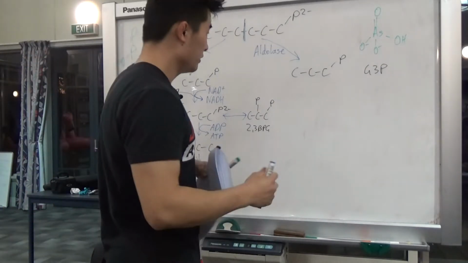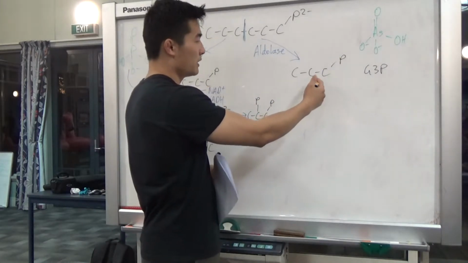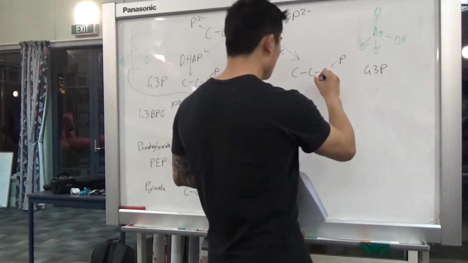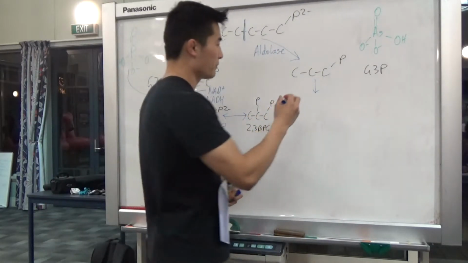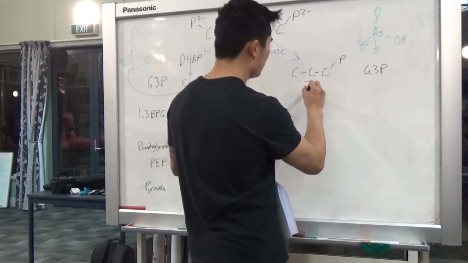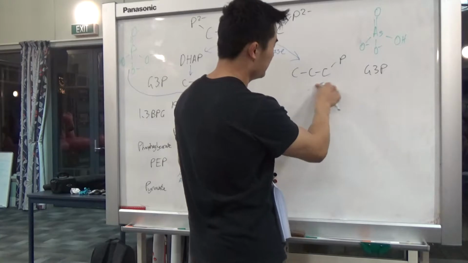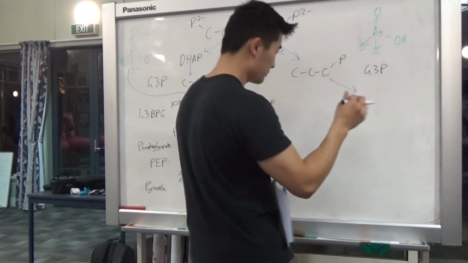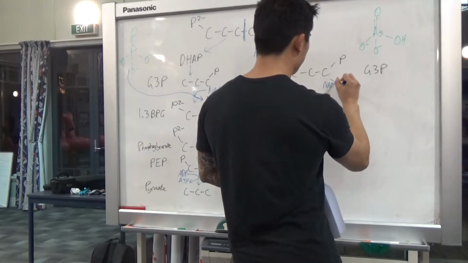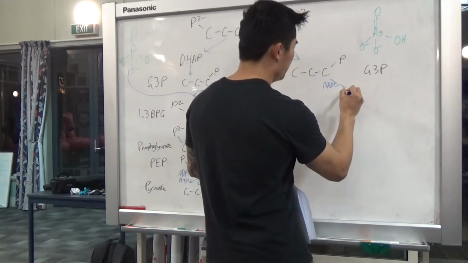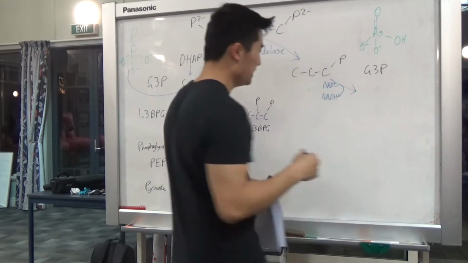And so when we have this reaction occurring where G3P is oxidized, NAD plus is going to come in. Sorry, this should be to the right. So in the diagram, I've got it going to the right. So you've got NAD plus is still going to come in, and it's going to take the electrons and become NADH.